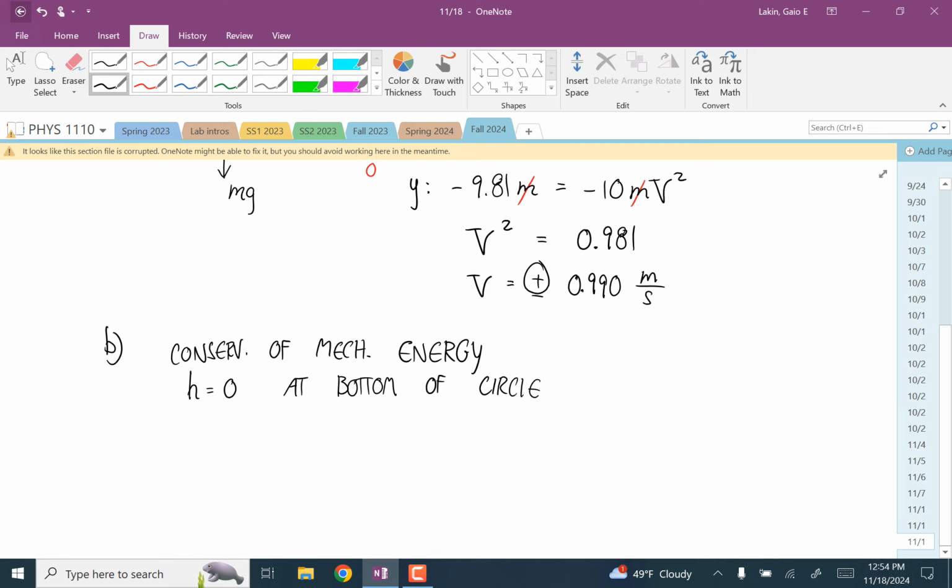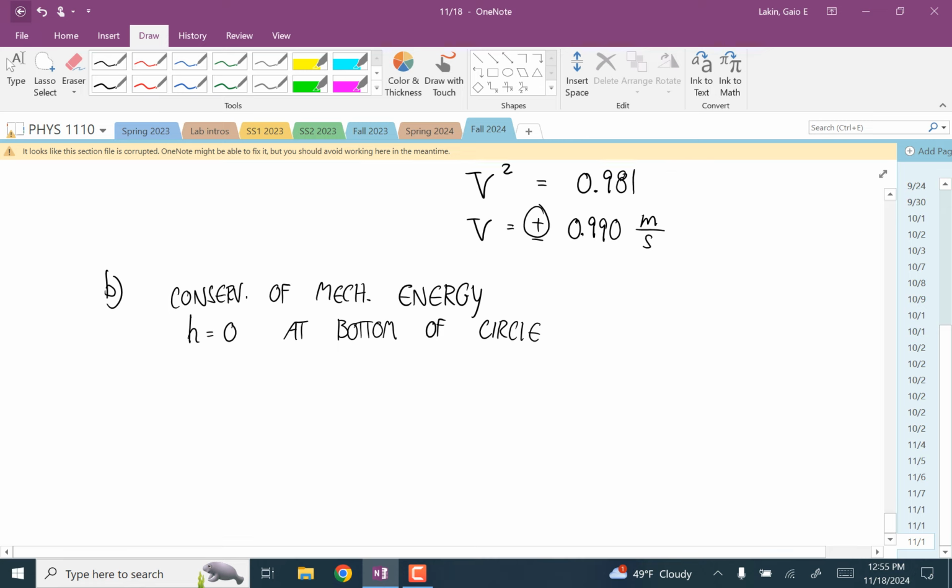So in order to use conservation of energy, we have to think, are all the forces that do work conservative? Well, there's two forces acting at any instant. There's the weight force from gravity, and then there's that string force. The string force is non-conservative, but it always points towards the center of the circle. Okay, and so we can use conservation of energy even though there's that non-conservative force.